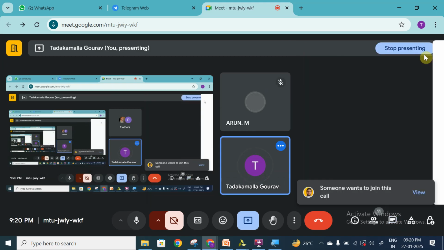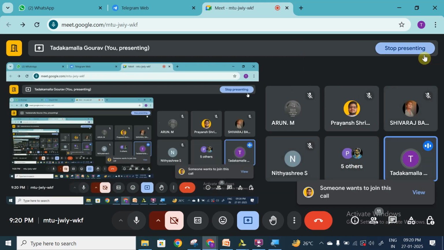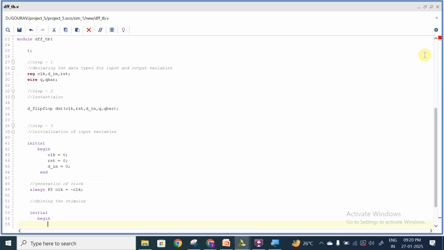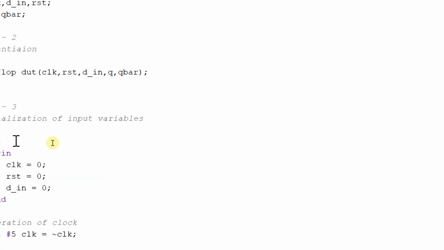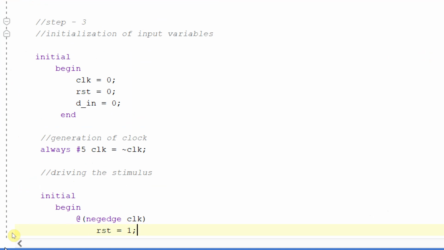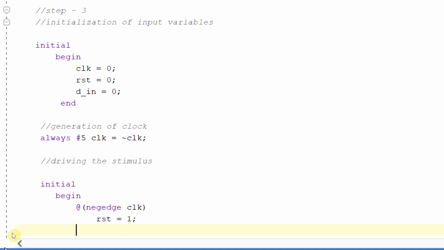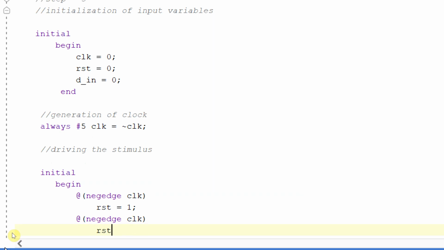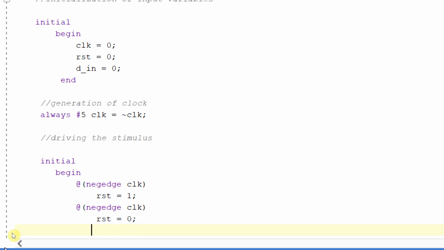In VLSI we have a concept of setup time and hold time. Please revisit those concepts. To avoid setup time and hold time violations, we are going to apply the reset at the negative edge. So at the negedge of clock, reset is equal to 1, I am applying the reset signal, and at the negedge of clock I am deasserting the reset signal.